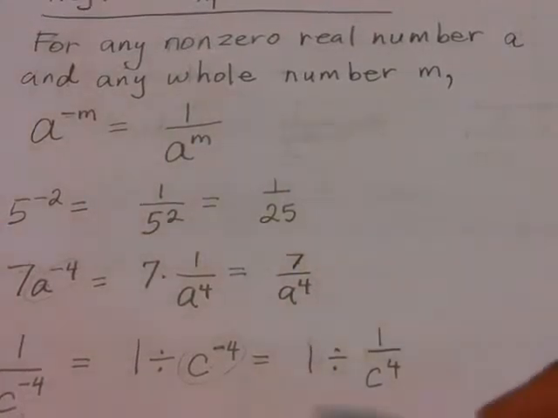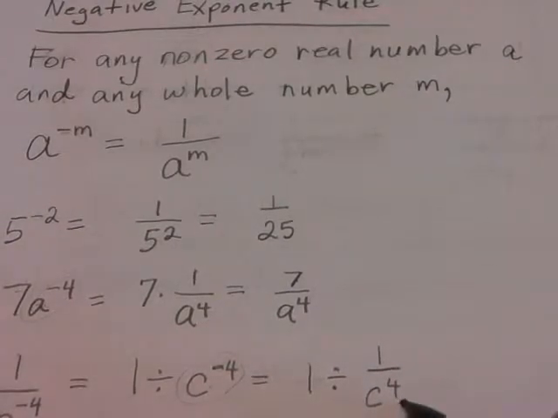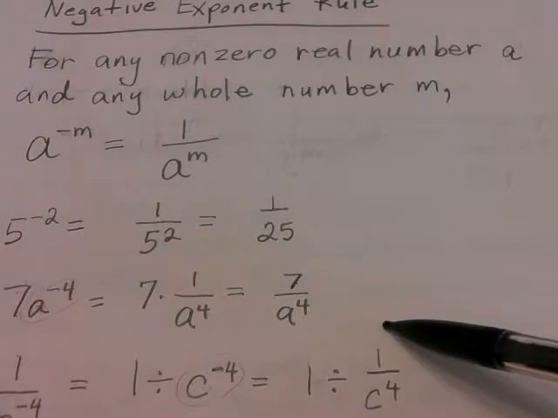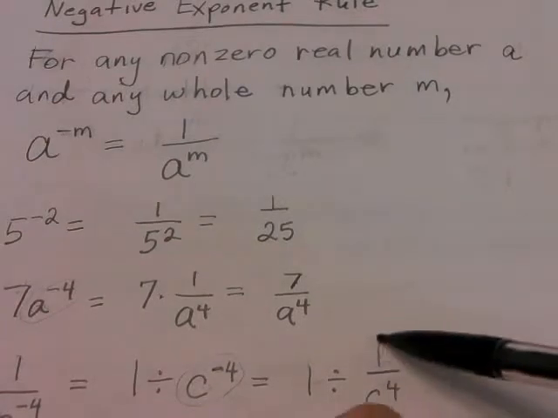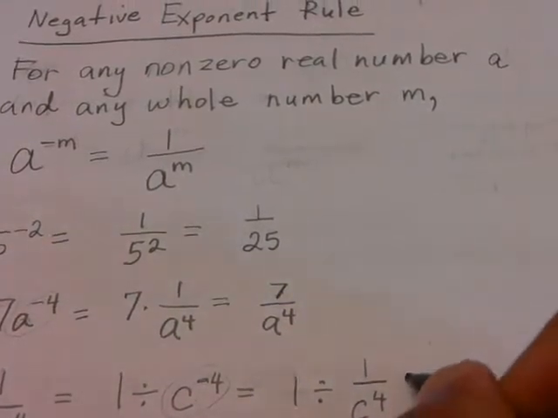But we're not finished, because this is a whole division operation, and you know from experience that when you divide by a fraction, what happens? You invert it, or find the reciprocal, because of the division sign, and then you change the sign from division to multiplication. Let's do that.